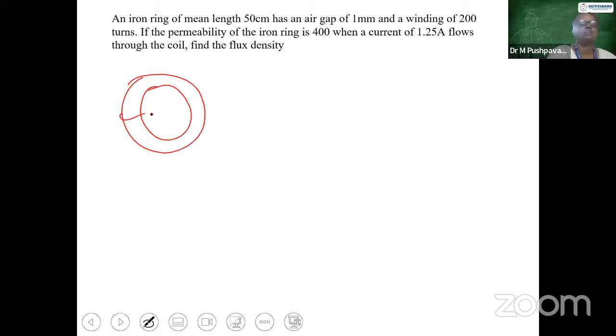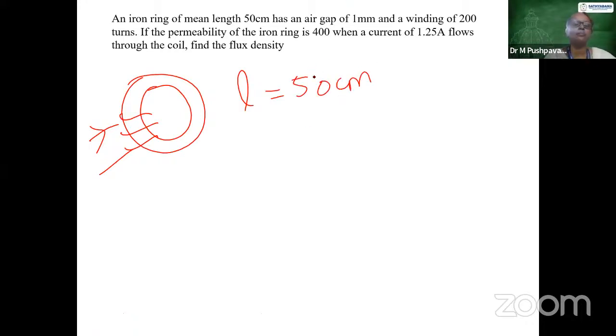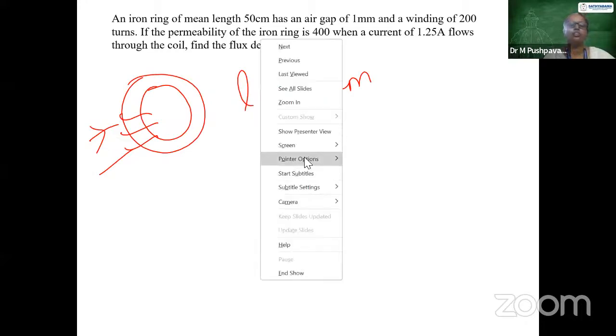An iron ring. In this iron ring, the length of the iron ring is 50 centimeter. And you have seen a small air gap is also there. So you cut the provision for the air gap.